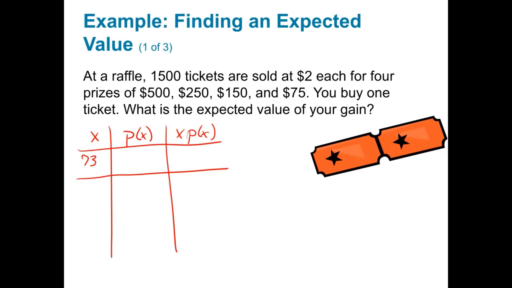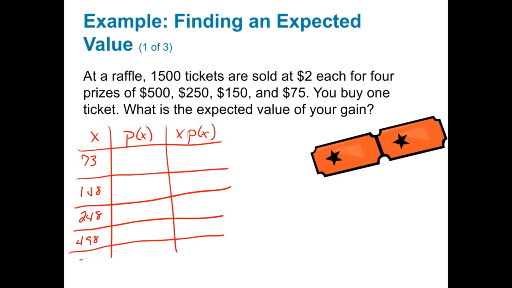What else could you gain? $148. What else? $248. $498. Is that it? -$2, right?